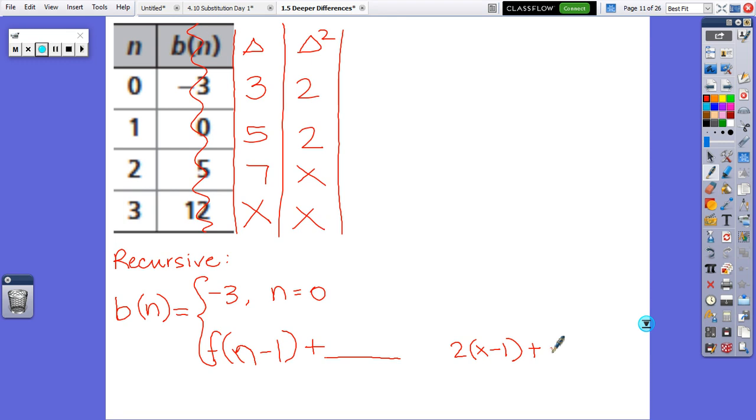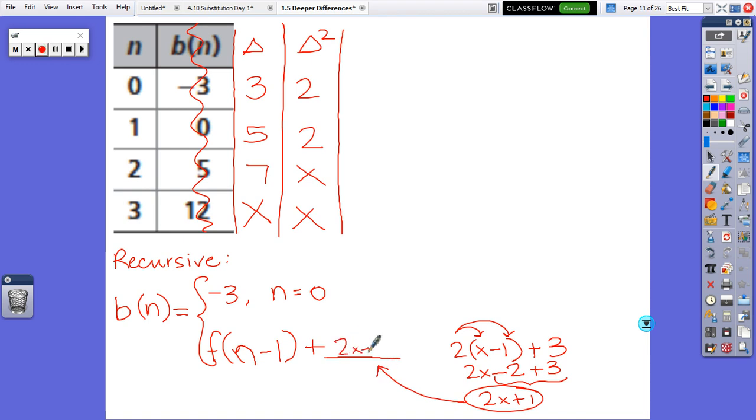So we do plus 3 here at the end. And then all we do is distribute. So 2 times x is 2x and 2 times negative 1 is negative 2. And then once you do that, combine your like terms. So 2x plus 1. That's what's going to move to this spot right here.